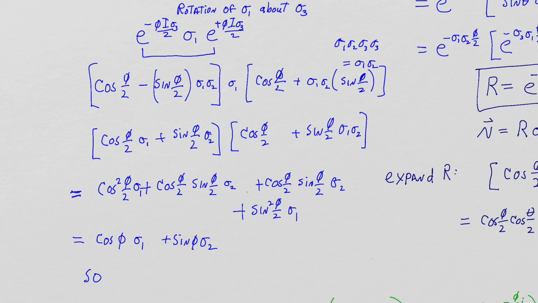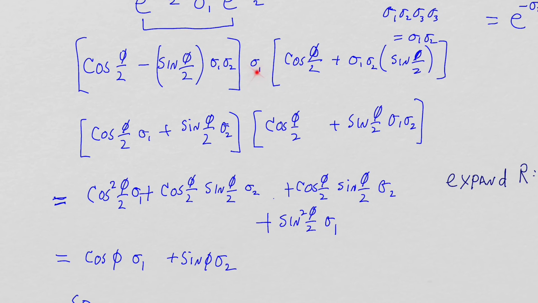So if you take this and finish all the multiplication, you multiply sigma 1 to the left, you get cosine phi over 2 sigma 1, and then you change this to a plus sign because you're going to exchange sigma 2 and sigma 1, and they're orthogonal, and they anti-commute, so you pick up a minus sign when you do that flip. But then sigma 1 geometric product sigma 1 is just 1, so that's where that comes from.